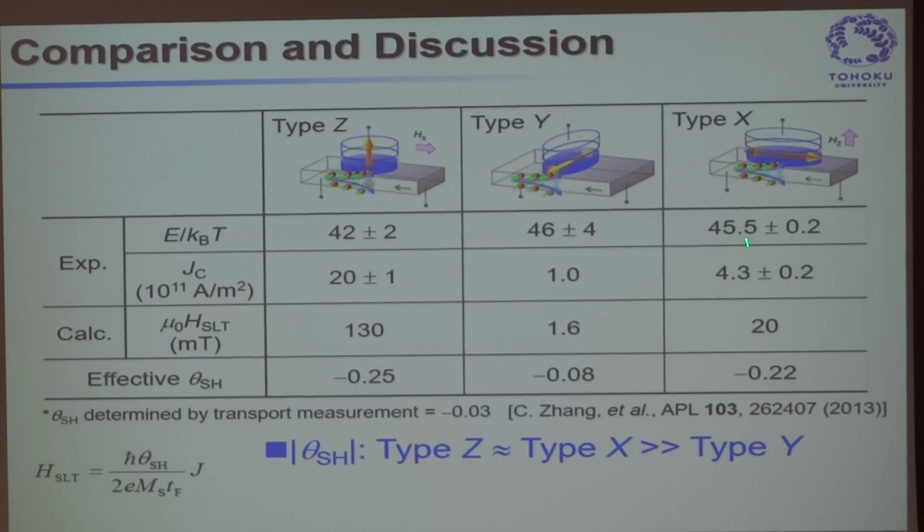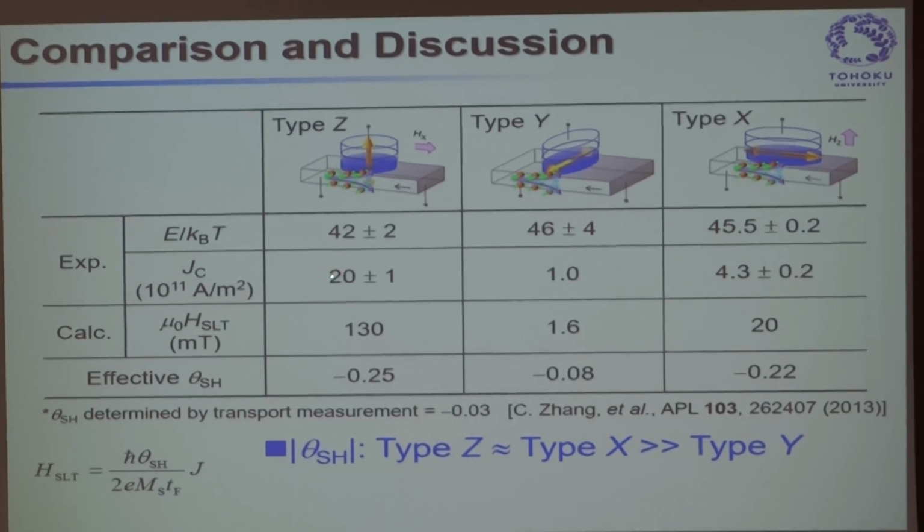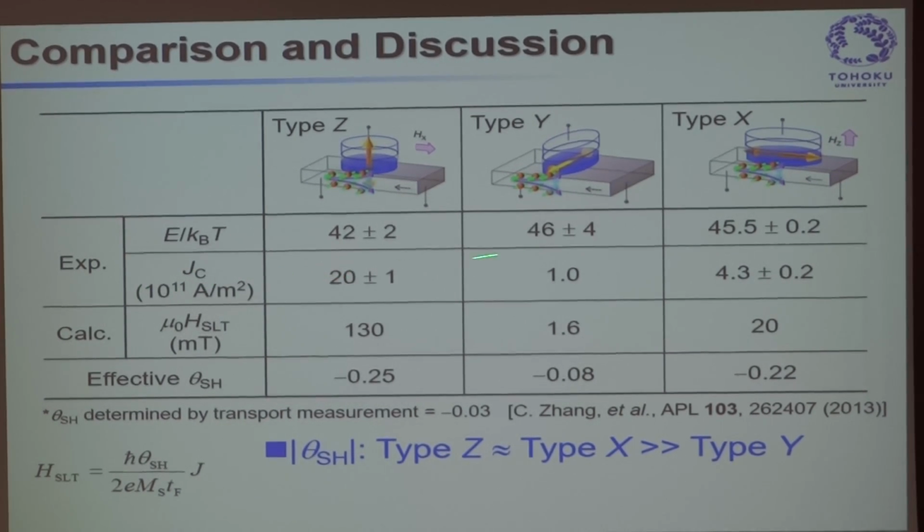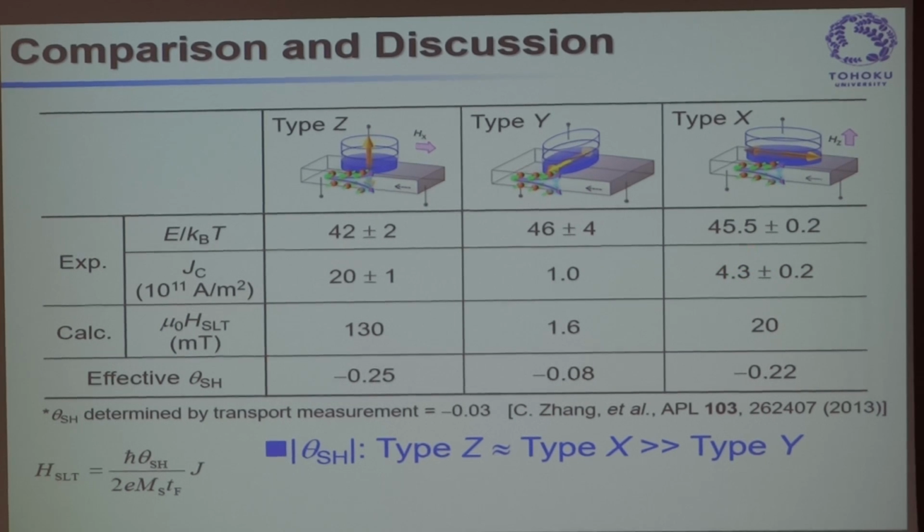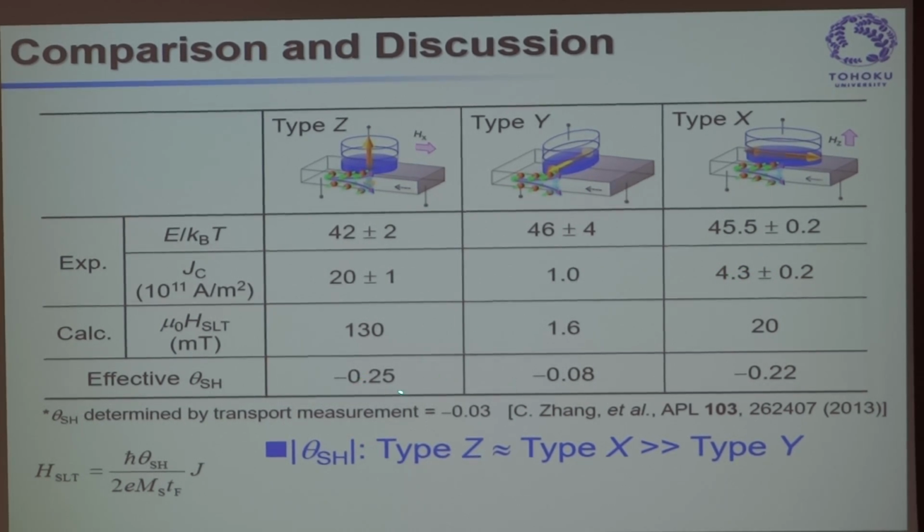We get from type X and type Z a threshold current of about, in this case, 20 times this unit, 4.3 times this unit. And actually, assuming this spin Hall angle, we should expect much larger threshold current if we only assume Slonczewski torque.